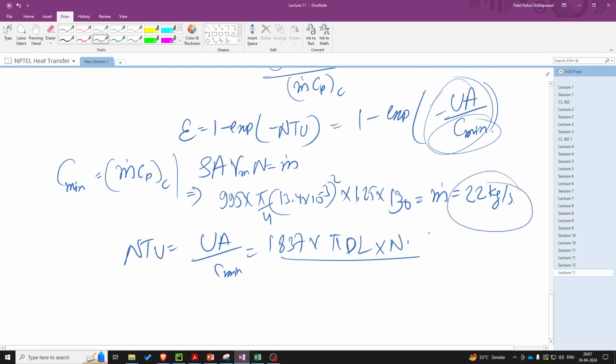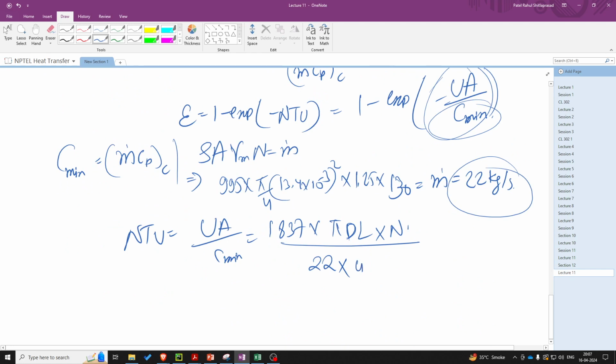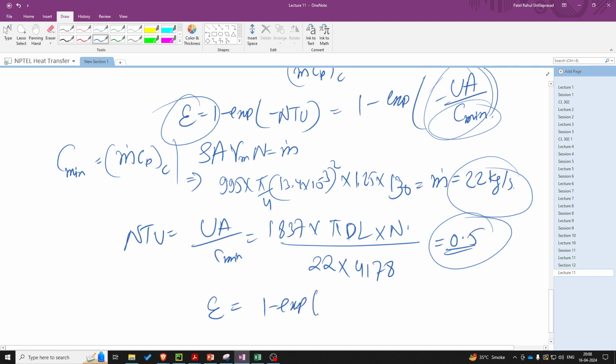We can calculate it from 22 times Cp of the cold fluid, which is water, 4178. If you calculate this, the value of NTU will come around 0.5. From this 0.5, you can calculate the value of epsilon as 1 minus exponential of minus 0.5. This will come around 0.39.